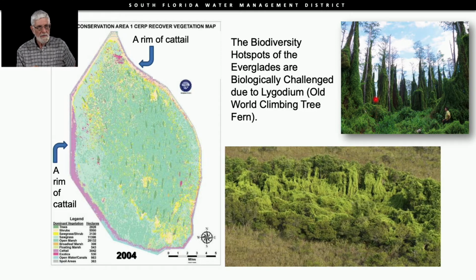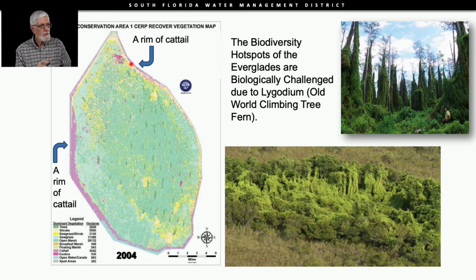They'll end up dying from dehydration. And just so you see the scale, there is a person right here compared to the size of the Lygodium. And then on this image, the Lygodium gets so heavy that the trees actually collapse onto themselves and it becomes a giant open habitat.